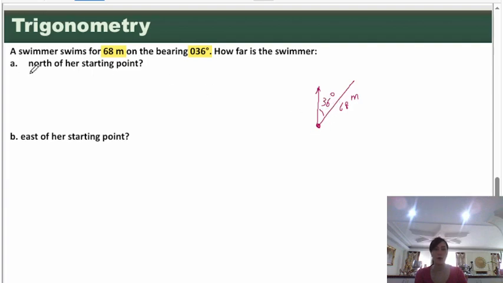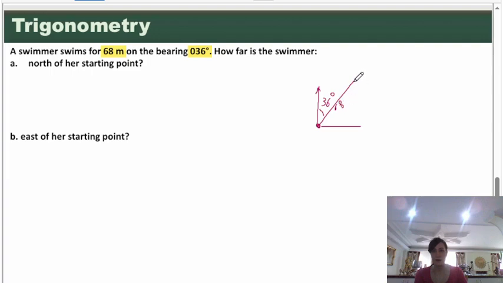For part A, it says north of the starting point. I am going to find this distance. If I write smaller, it would be 68.